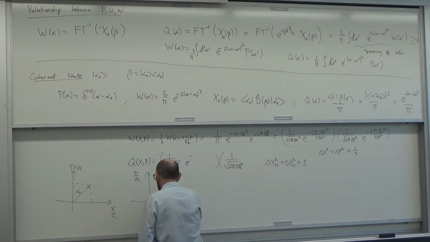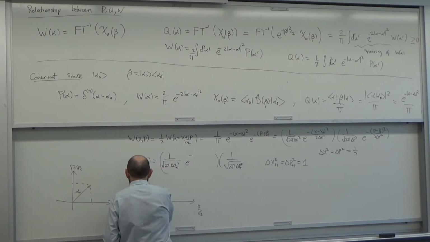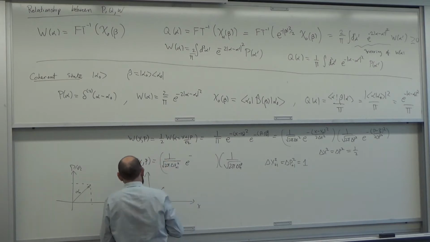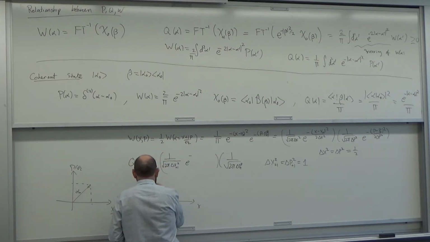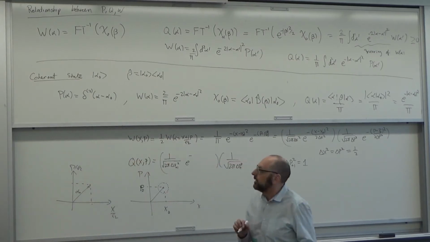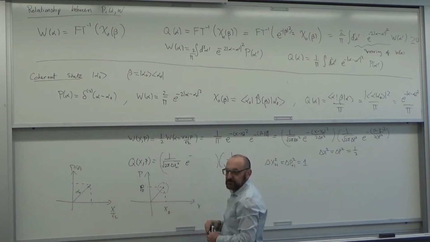Well, it's centered at this point, and if I look at it as a function of x and p, so I'll just leave it in x and p, then it's centered here, and it's a Gaussian that is centered on here.